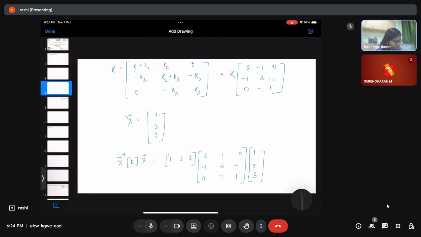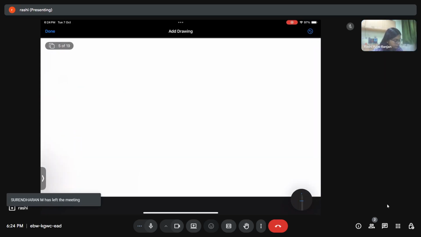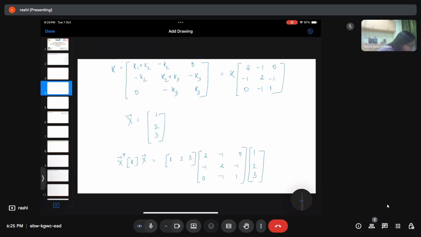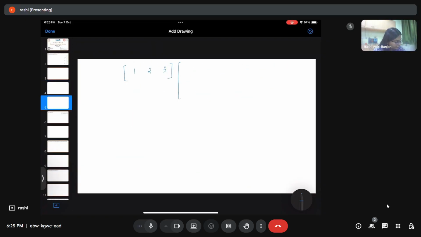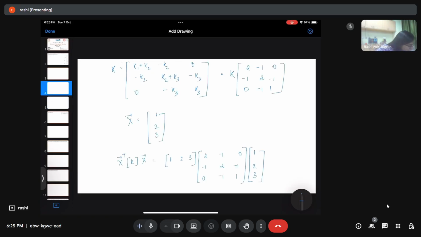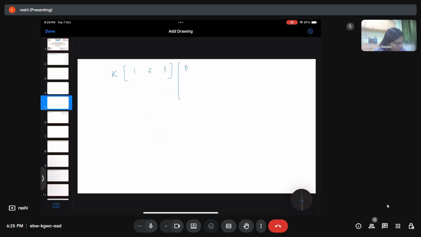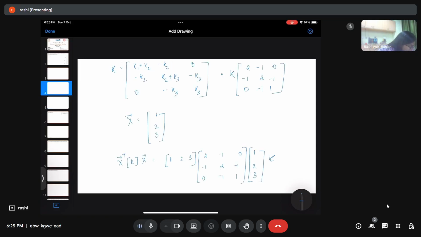This will give us 0, 0, 1. Okay, there has to be a K also over here because of this, so we can write K. If we put it over here, we'll have 2 into 2 is 4, 4 minus 1 is 3, and then minus 3, it is also going to be 0.